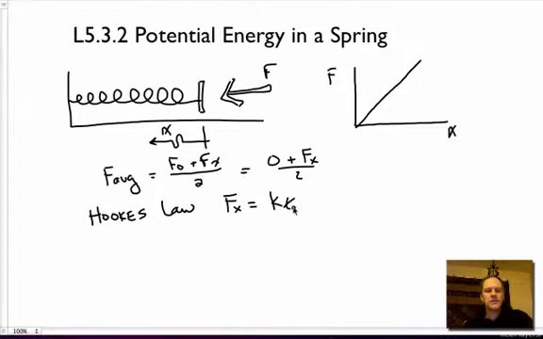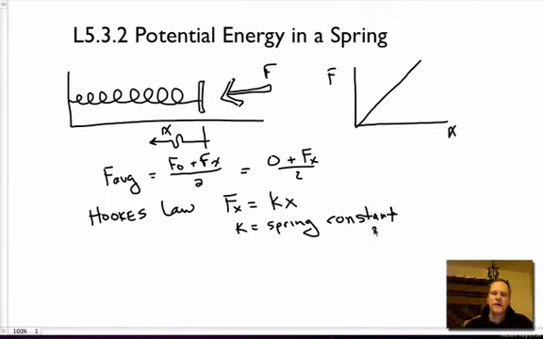Let's write that a little bit better. Okay, where k is equal to a spring constant, and that spring constant is just an idea of how stiff the spring is, and that's in units of newtons per meter.